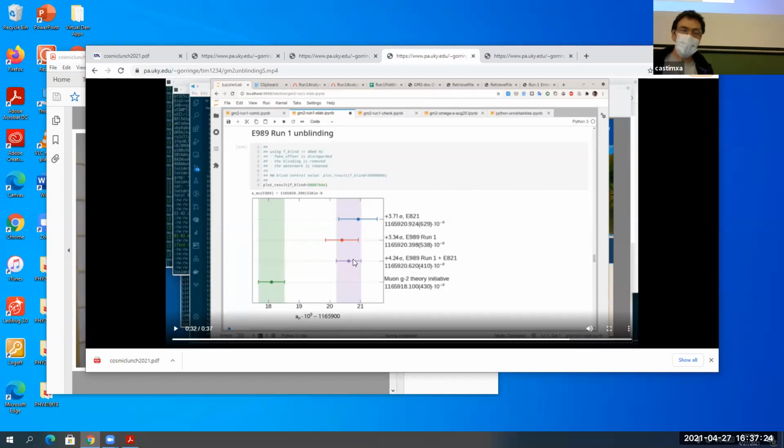At that moment you suddenly got the result of the first run of the experiment. The combined discrepancy is now 4.2 sigma. Now that's our first run. We're collecting approximately 20 times the data of the first run.